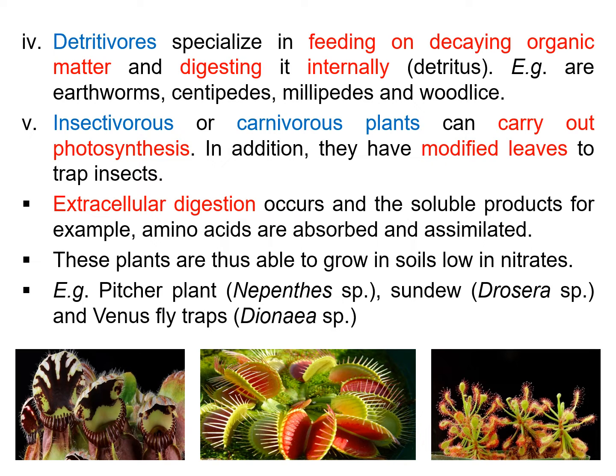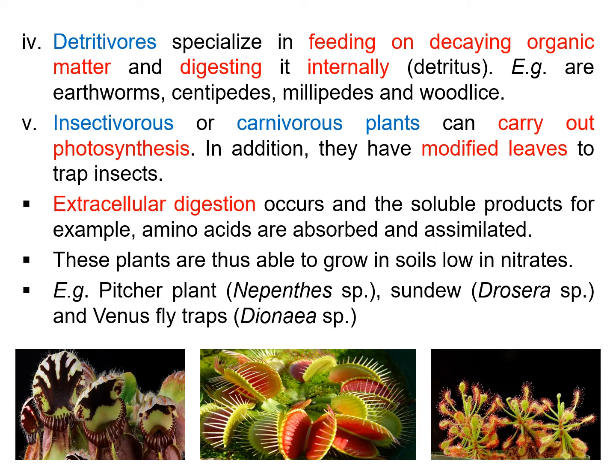insects which fly over, or they can even trap any animal waste dropped onto their surface, as we can see in pitcher plant, sundew, and even Venus flytrap, where this type of plant is so specially created that they can do photosynthesis, and at the same time they have a modified leaf to trap insects, known as a carnivorous plant, in order to add compounds or nutrients, since their habitat is normally low in nitrate.